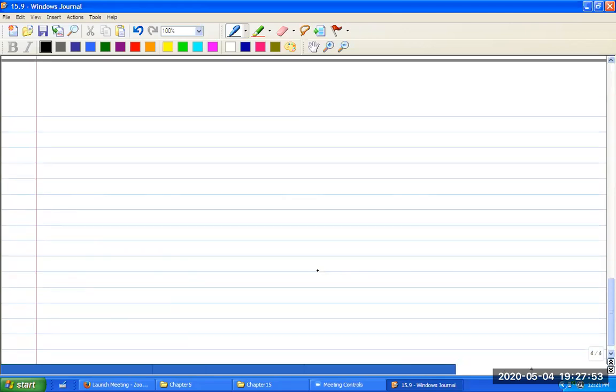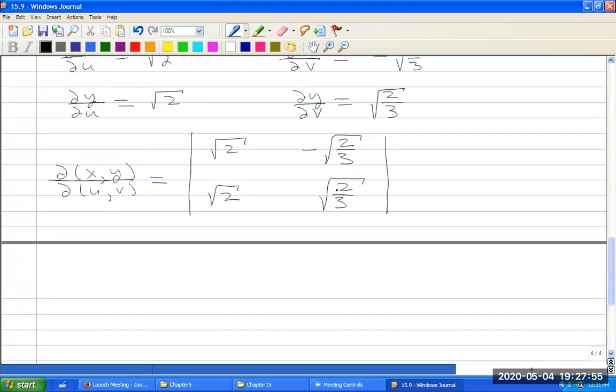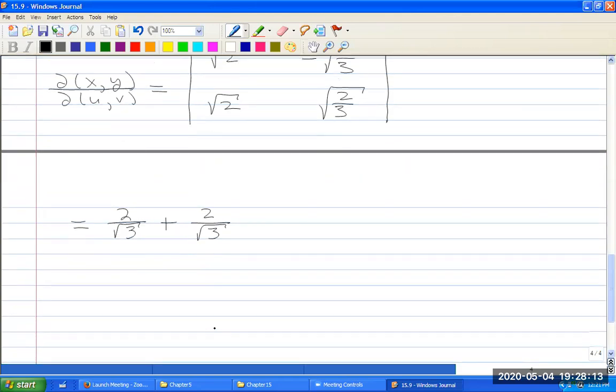Okay, so let's calculate this. So I get rad 2 times rad 2/3, so this is equal to 2 over rad 3 plus 2 over rad 3. And so this is equal to 4 over rad 3.